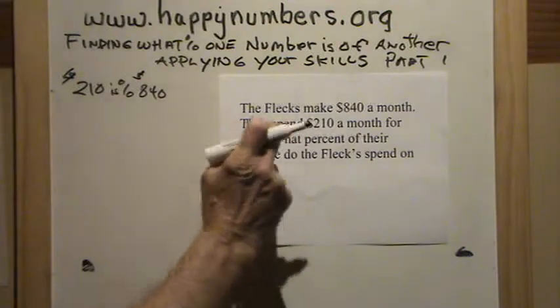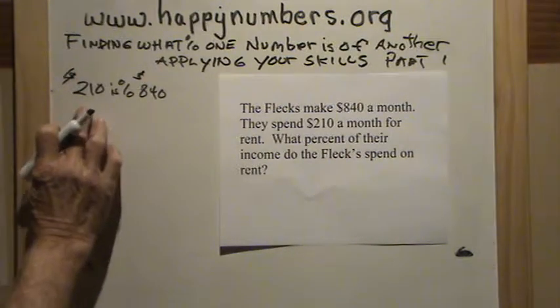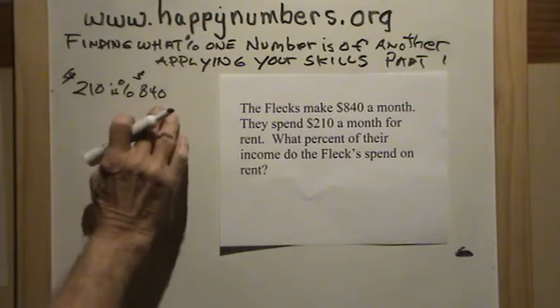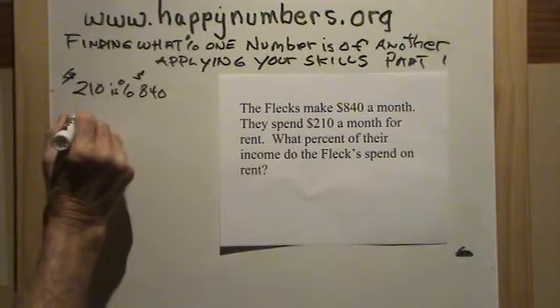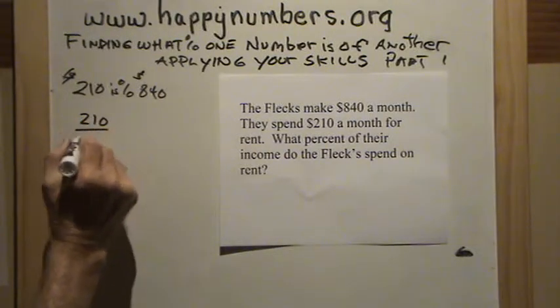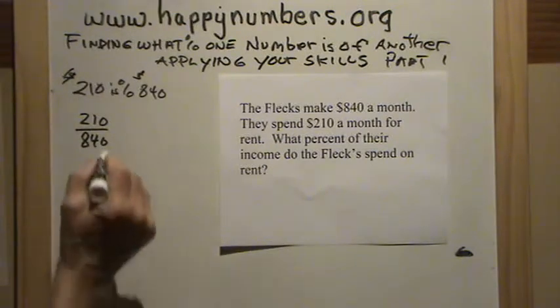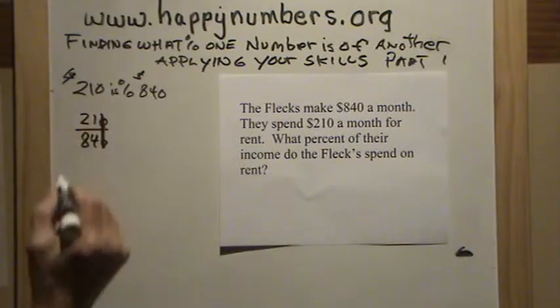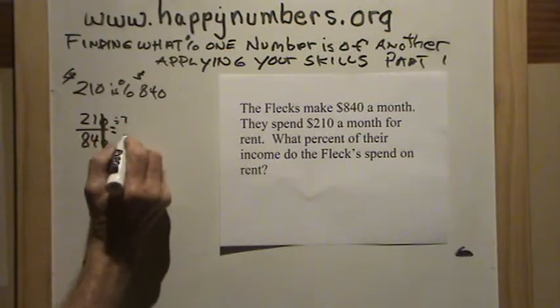So if we can change the problem into this form, 210 is what percent of 840, well then we know what to do. We just make our fraction, 210 over 840. We reduce it, well we can cross this zero out, and I think we can divide both of these by 7.